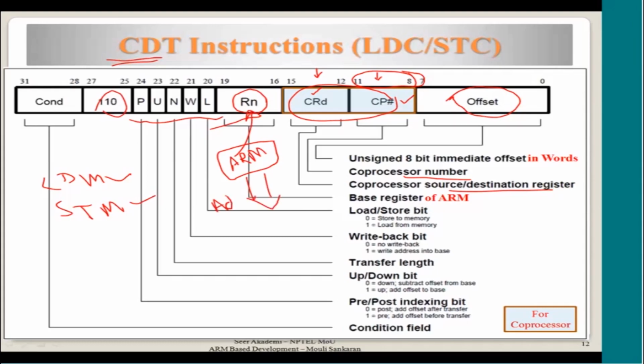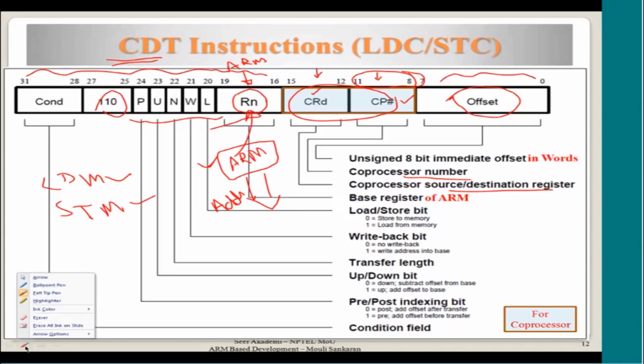So the instruction should indicate which register in ARM can be used as the base register for generating the address. So this particular bit field will be used by ARM. Including all these patterns, except the blue ones, all are used by ARM.